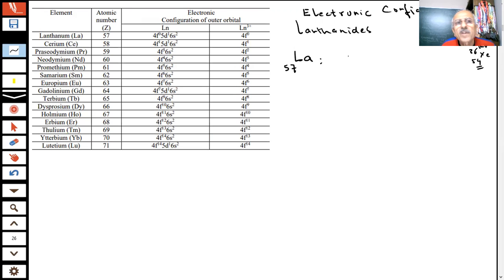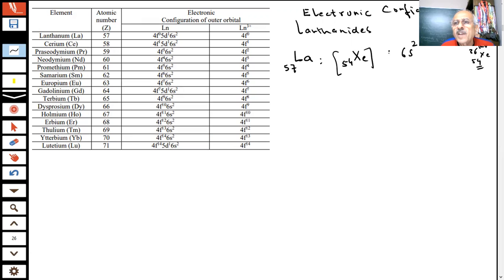you are saying, okay, 54 is Xe, an inert gas, and this belongs to the sixth period. I am immediately saying 6s2. Now, what is further? 54 plus 2 is 56.